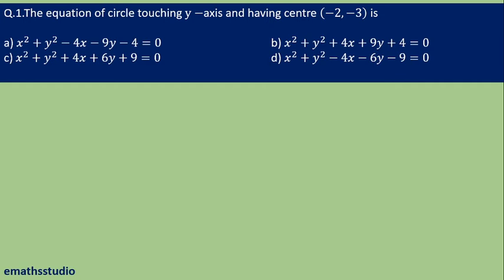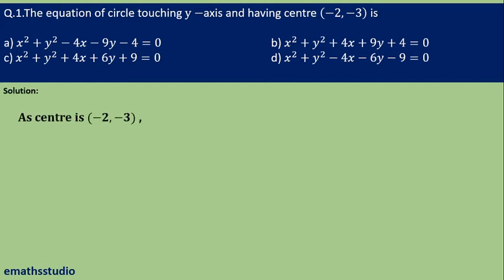Now the question is: the equation of the circle touching the y-axis and having center minus 2 comma minus 3 is. Now this is a multiple choice question. Just have a look at how we can use the theory we discussed in this lecture in such problems.